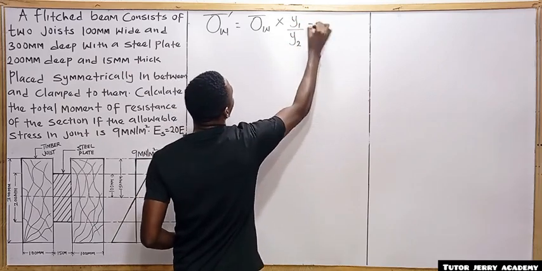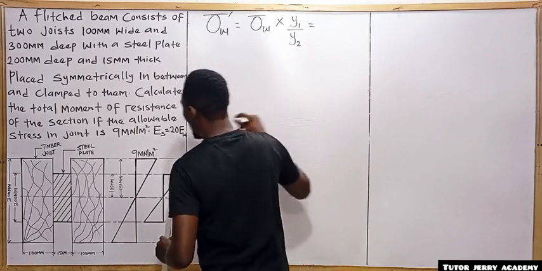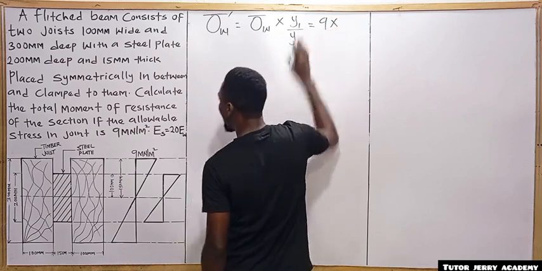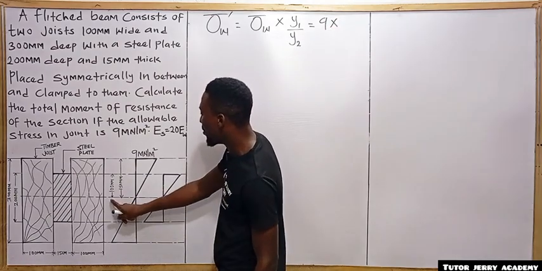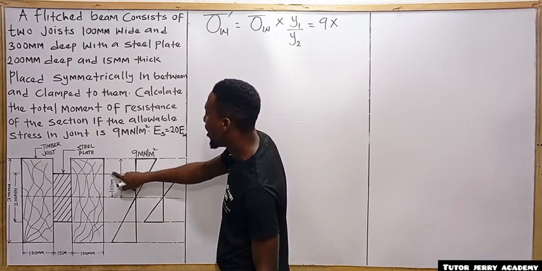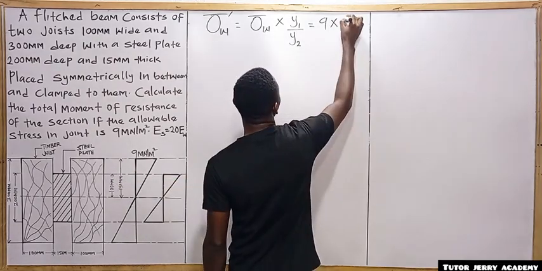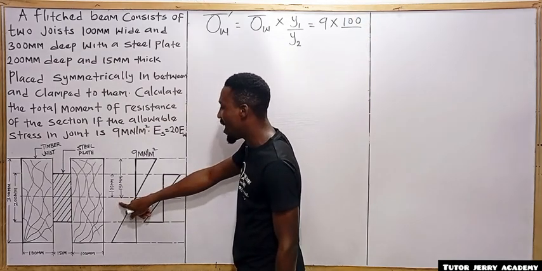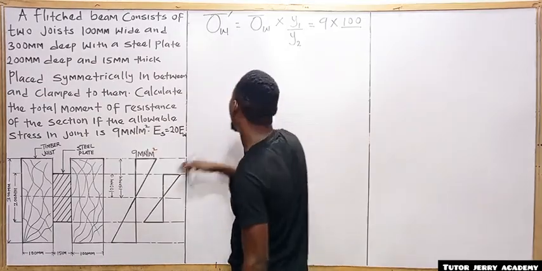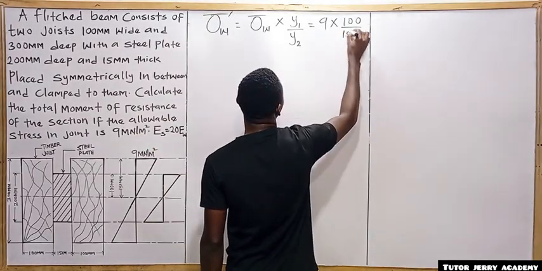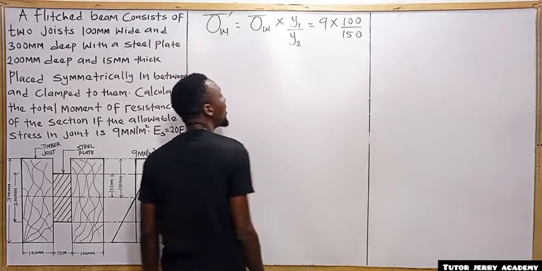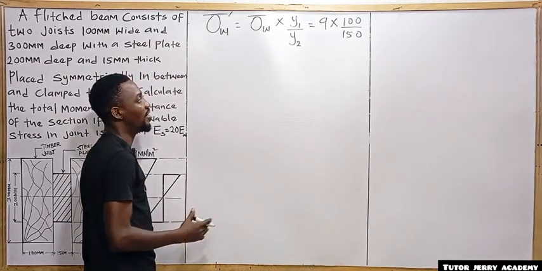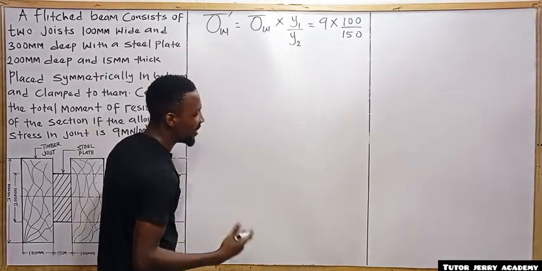So this will be 9 multiplied by y1, which is the distance from the neutral axis to this point here, which is 100, divided by y2, the distance from the neutral axis to the topmost part of the beam, which is 150. So 9 multiplied by 100 is 900, and 900 divided by 150 is 6.